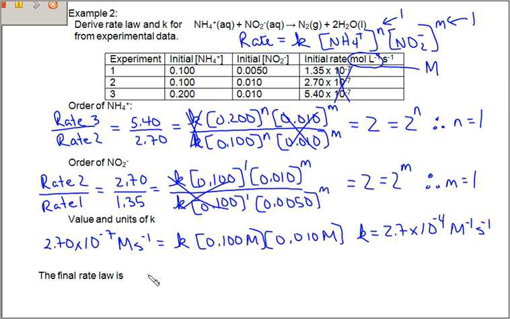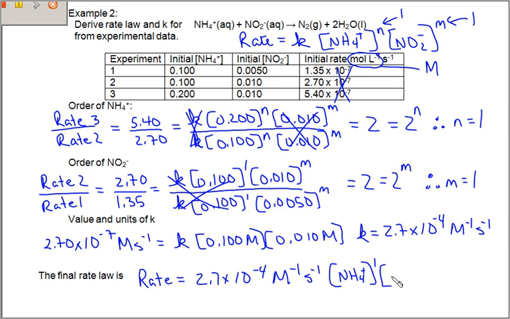So our final rate law in this case is rate equals 2.7 times 10 to the negative 4th, molarity to the negative 1, second negative 1, times the concentration of the ammonium ion to the first, and you don't need to put that 1 in, and then the nitrite ion also to the first.